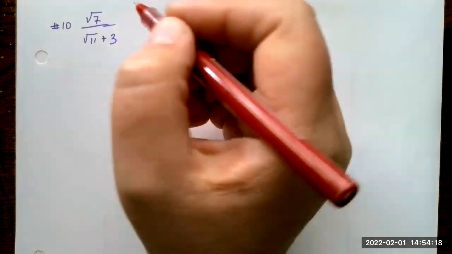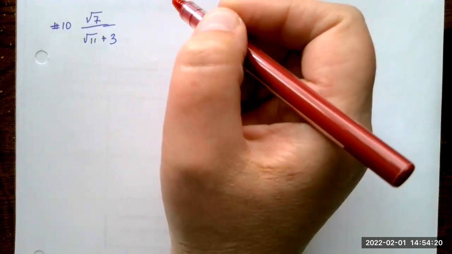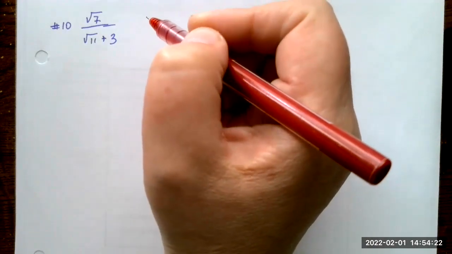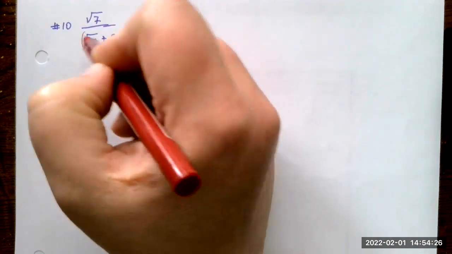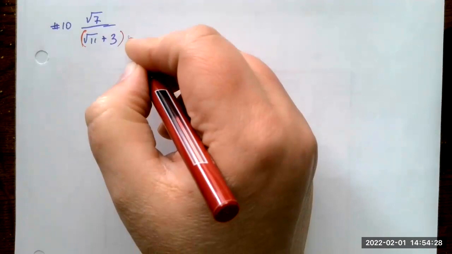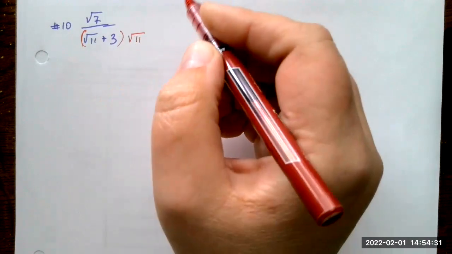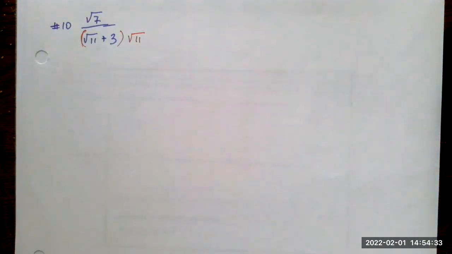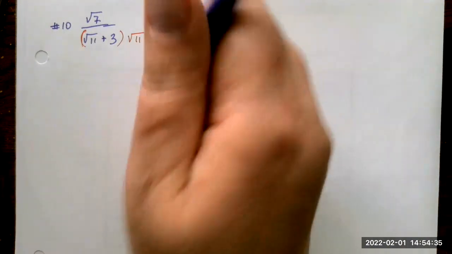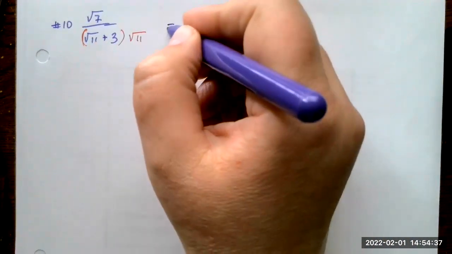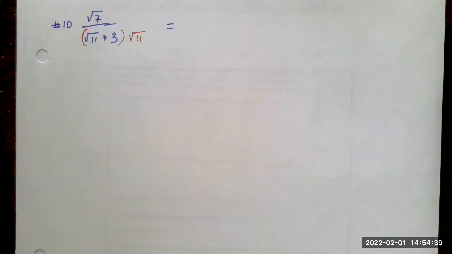So in the previous problem, number 9, we would just multiply by the radical expression, right? But if we do it here, let's just explore it for a second. If we multiply by a root of 11 on the bottom, we're going to bring it in, open the parenthesis, because we multiply the entire denominator.